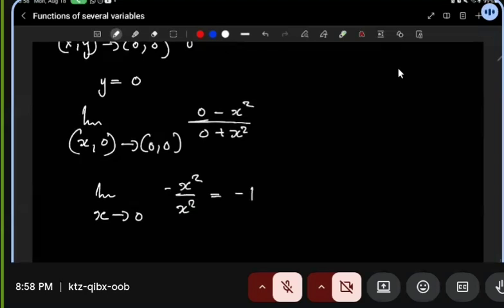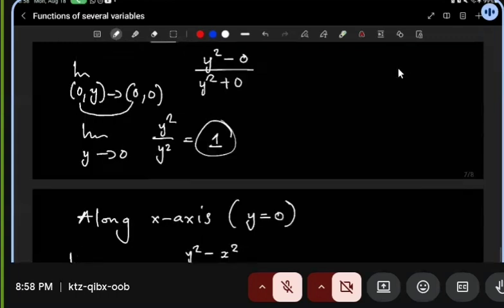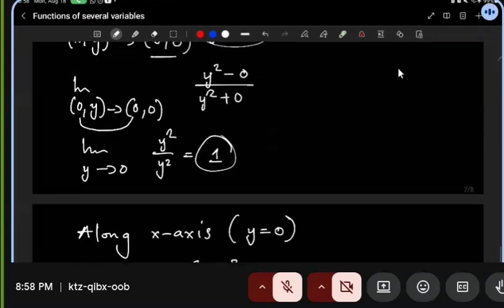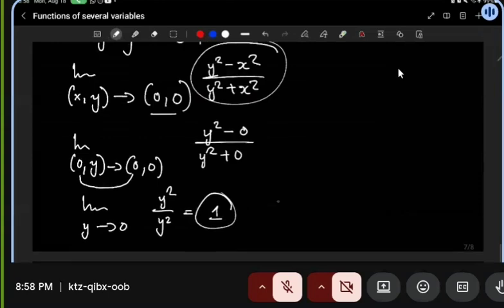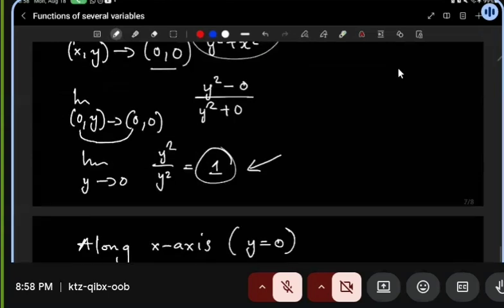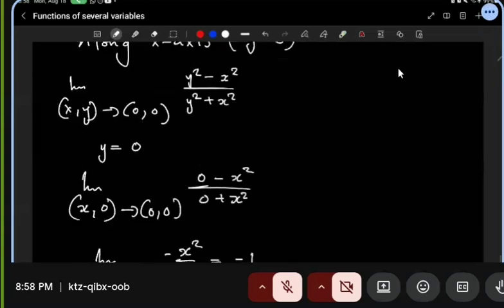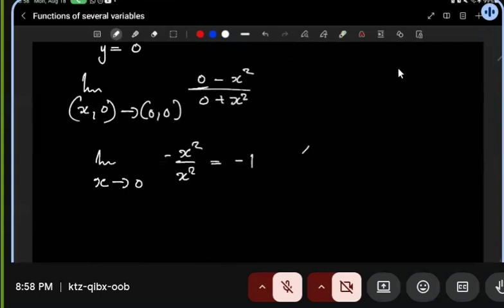What does this imply? When we approach along the y-axis, the limit is positive 1. When we approach along the x-axis, the limit is negative 1. Because the two limits are not the same, our conclusion is that the limit does not exist.